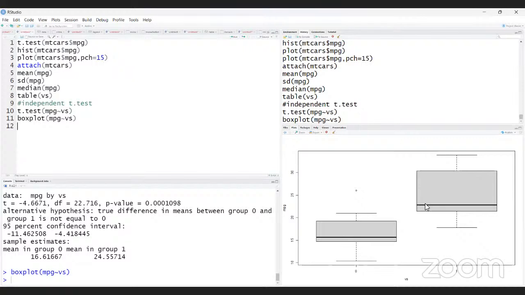Okay. So that is the advantage. And this is the box-and-whisker plot. By using the box-and-whisker plot, again you can show the difference between the two groups.